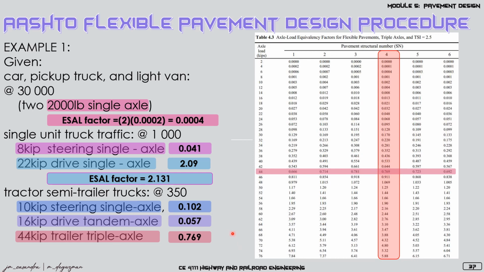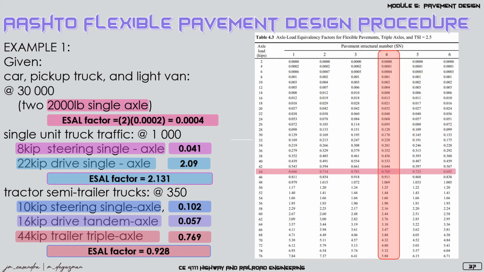So for the semi-trailer truck, add up all the equivalent factors. This will now be equivalent to 0.928.